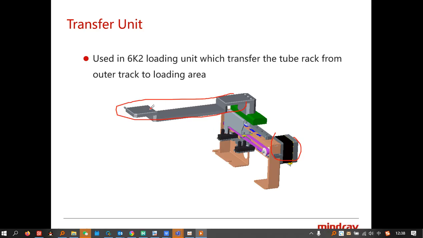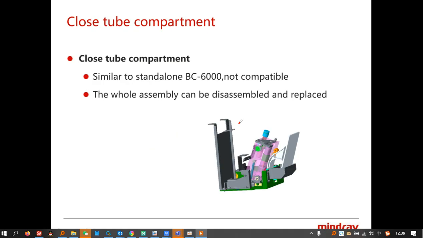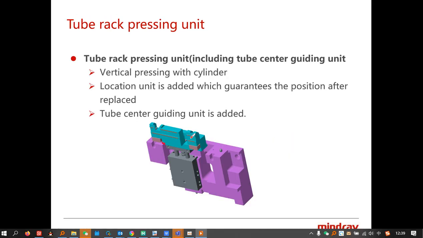It is similar to those units on the KEL 8000. Belt driving assembly, the closed tube compartment, is the same with the BC6000 standalone.